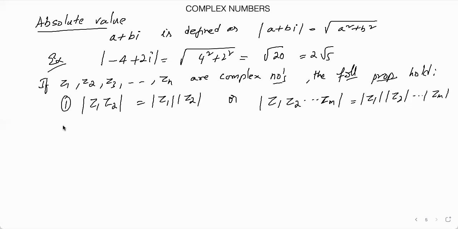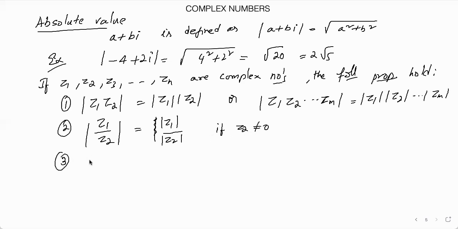Also we have another property, which is z1 by z2, which is equal to mod of z1 by mod of z2, individually mod, if z2 is not equal to 0.